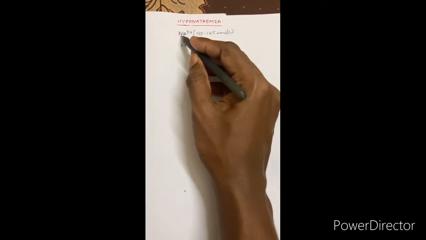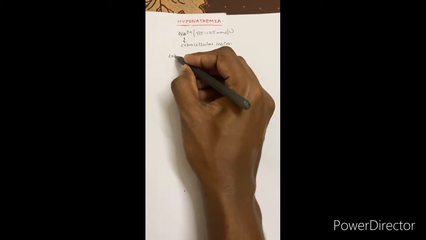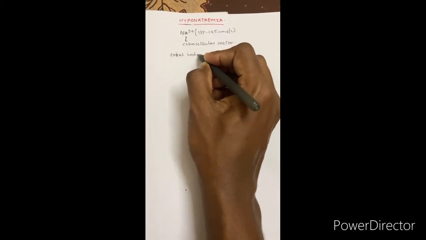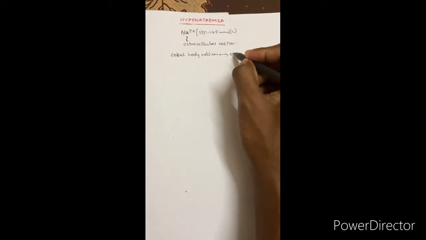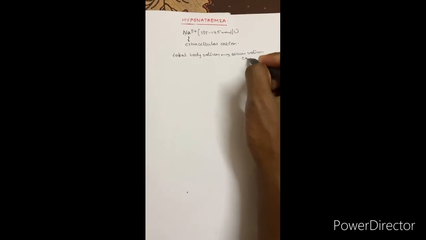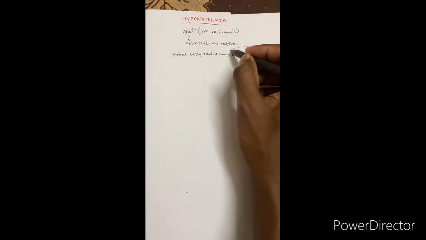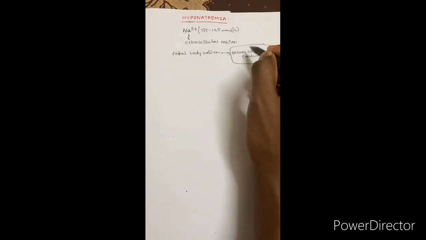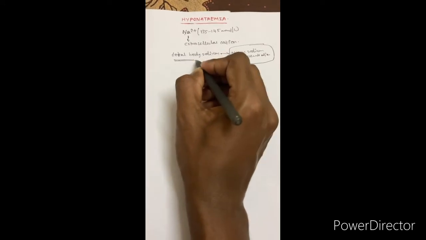The total body sodium is not dependent on your actual serum sodium concentration. That means the serum sodium concentration that we are measuring does not actually reflect your total body sodium.